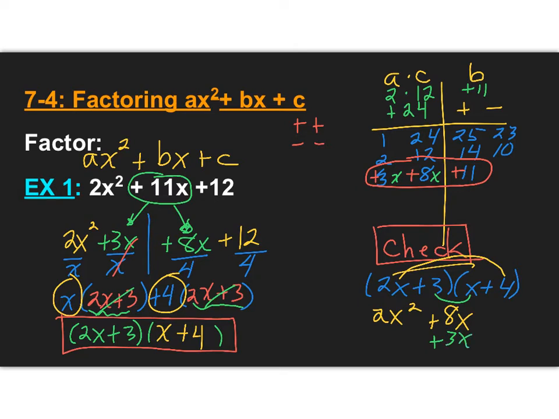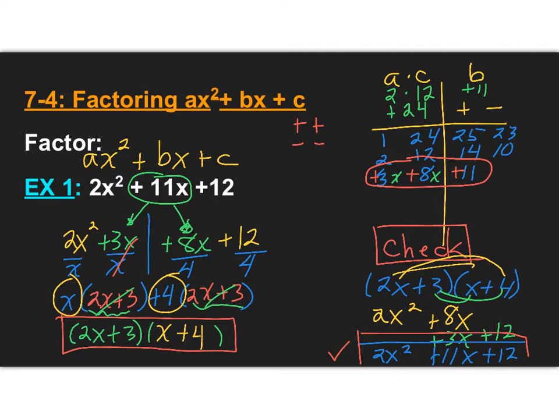And then 3 times 4 is 12, no like term, so it gets its own column. Then bring everything down. You end up with 2x squared plus 11x plus 12. And so this actually checks. Check, check, right here. This is what we originally started with.